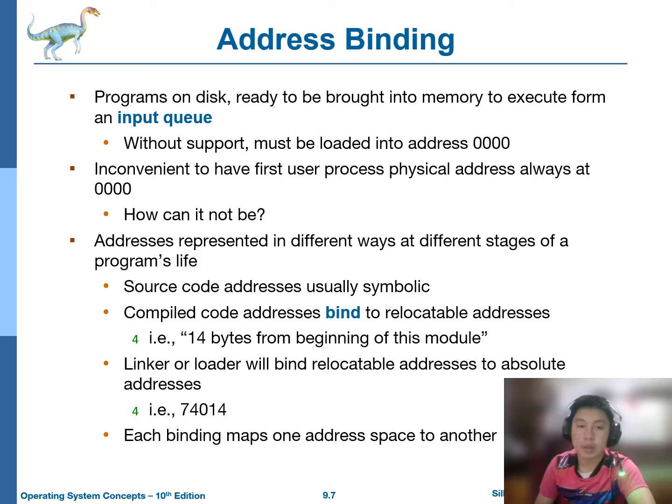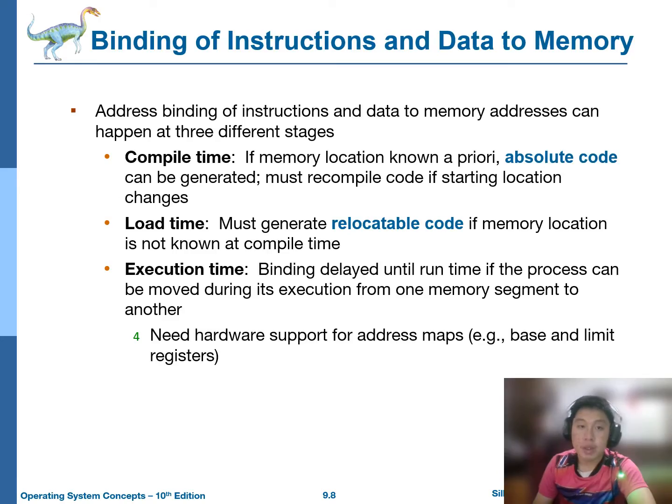How can it be addressed in a more flexible way? Addresses are represented in different ways at different stages of a program's life: source code addresses are usually symbolic. Binding of instructions and data to memory addresses can happen at three different stages: compile time, load time, execution time.